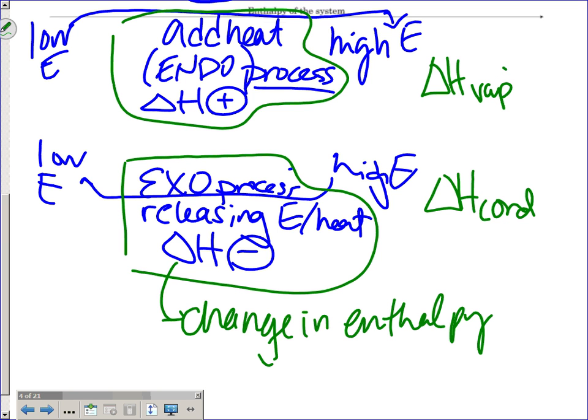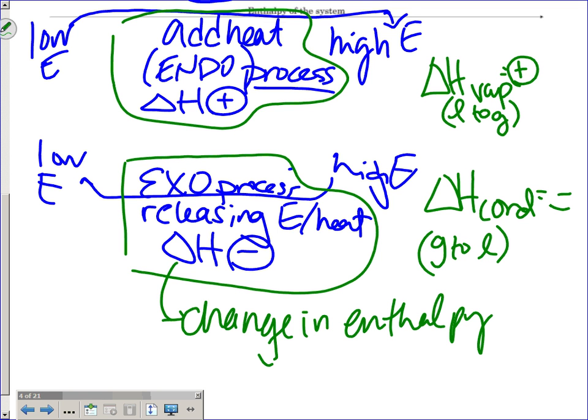So this is a positive value. And if I'm condensing something, from what to what? Gas to liquid, what's going to happen? It's releasing energy, right? So this is going from gas to liquid. This is going from liquid to gas. This is going to be releasing energy. But aren't they exactly the same process, just reversed? Right? They're exactly the same.